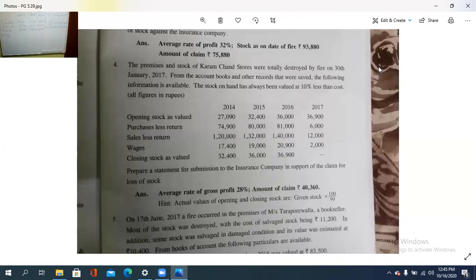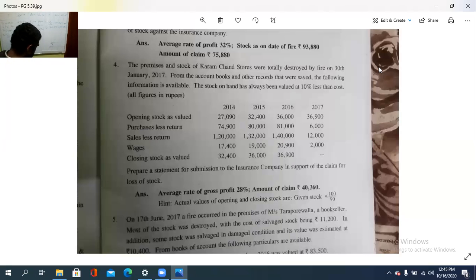It is 1,20,000 plus 32,400. It is 1,52,400. Okay, here also 1,52,400.